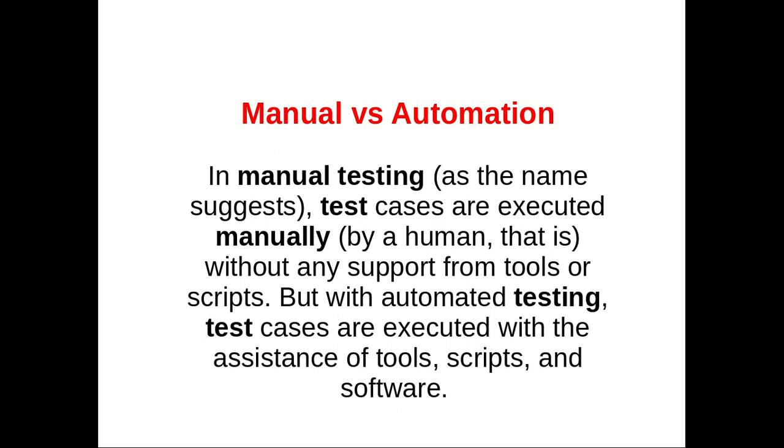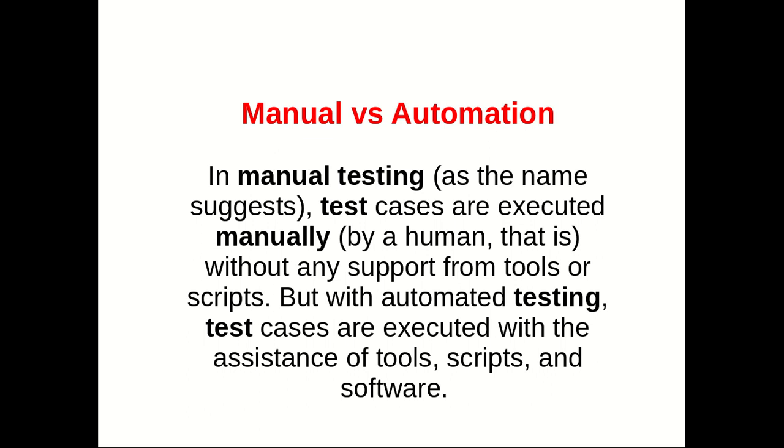Say, for example, you are testing a login button, so you do it manually. You give a username and password, maybe 5 times, 10 times, whatever, but you are entering it manually. But with automated testing, the use of automation is that it is a replica of manual testing, but here everything is controlled by tools, automation tools.